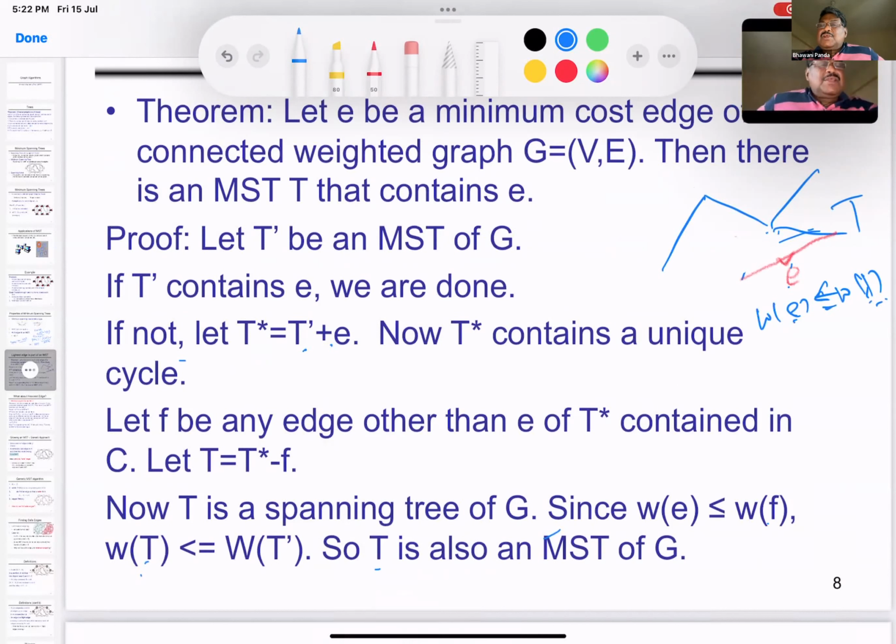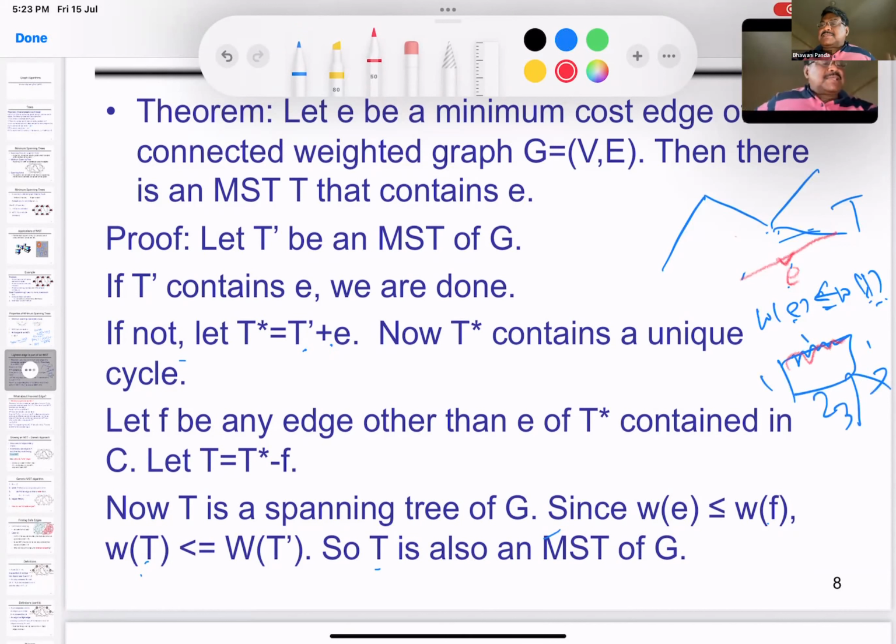Yes, sir. And what is the implication of the theorem for algorithm design? Given a graph, for example, something like this, with edges 1, 1, 1, 2, and 3, 3, I can select any minimum edge freely. I select this edge.